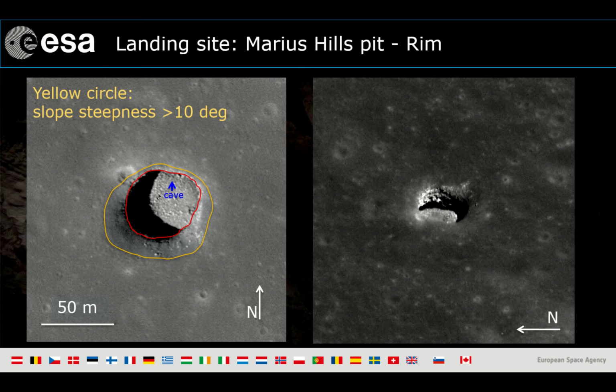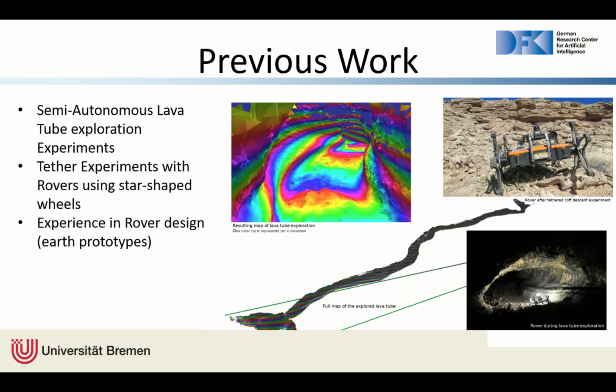We expect that we should not go there with a heavy rover, but only with the probe. So we need at least two systems, and at the bottom there's a cliff-like structure where we have to go down, and our approach is to tether down that part.